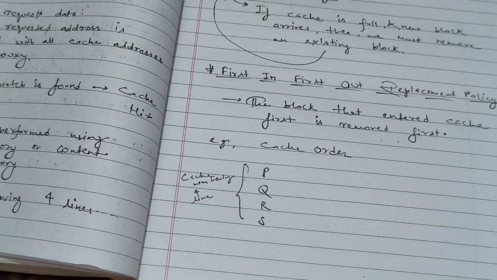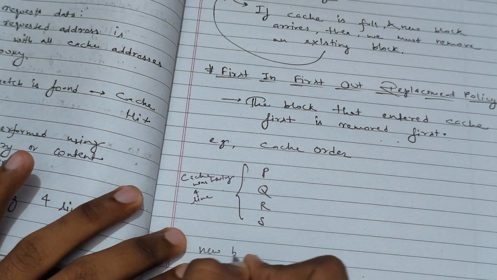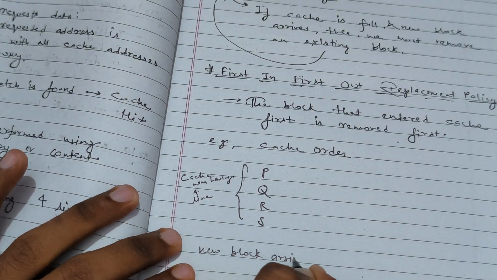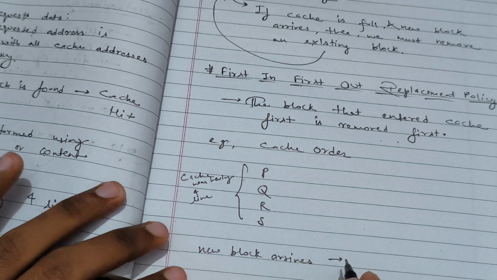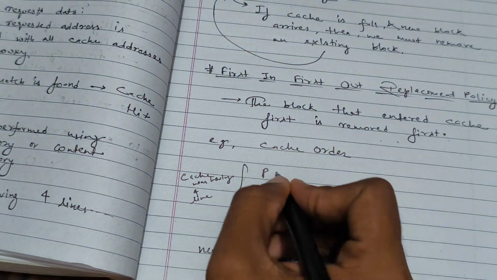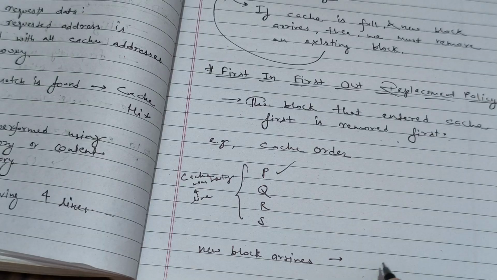If a new block arrives, of course space should be made, some existing block must be removed, right? So as soon as a new block arrives, according to the first in first out replacement policy, the first in block, which is block P, would be removed.